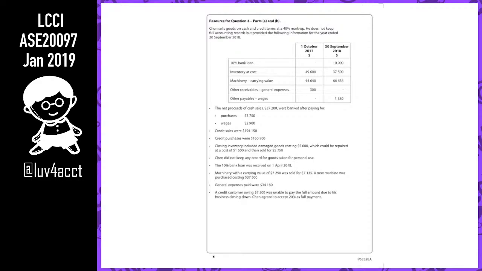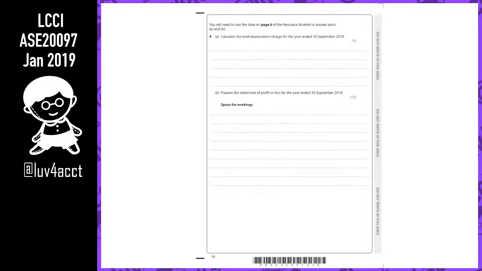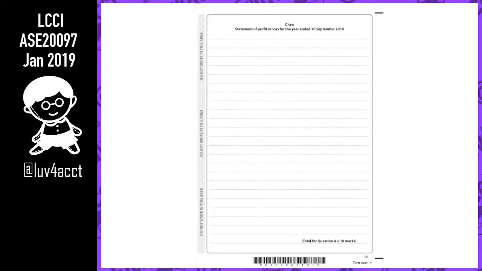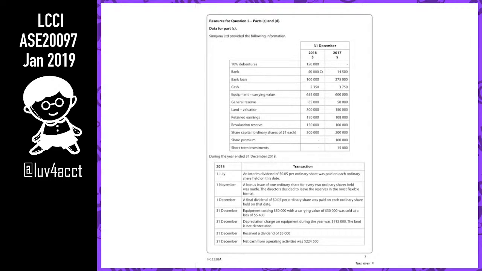Chan sells goods, does not keep full accounting records, several items, and then calculate total depreciation, and then prepare the statement of profit and loss. 15 marks, 15. Wow. And then finish. Okay, great. Nothing else to write about.